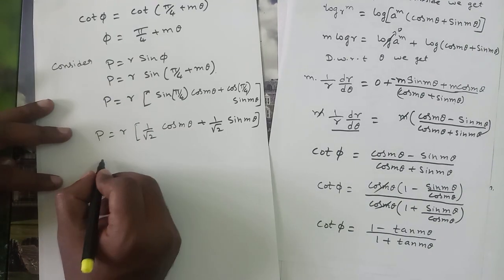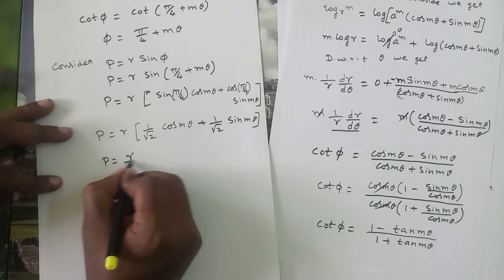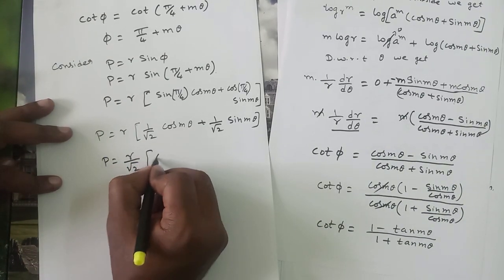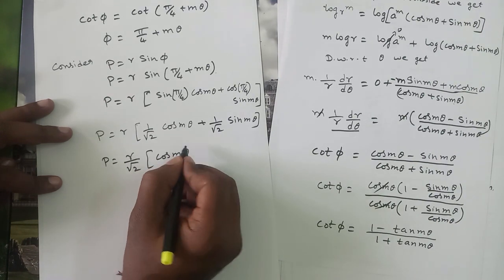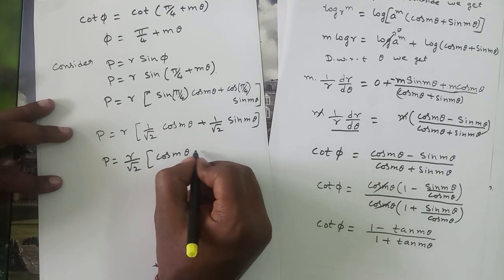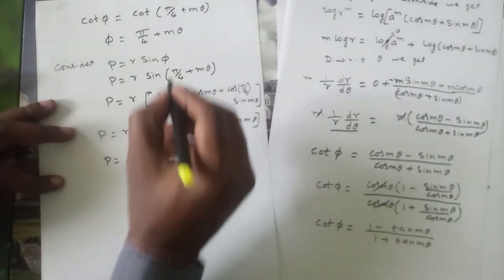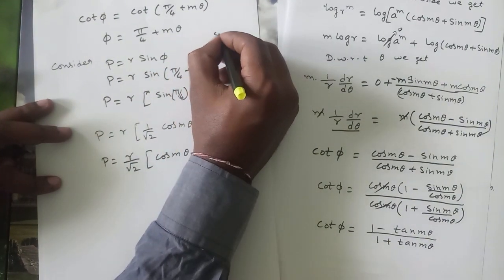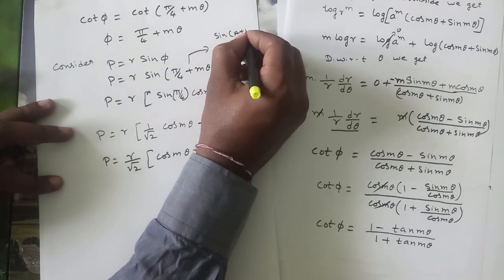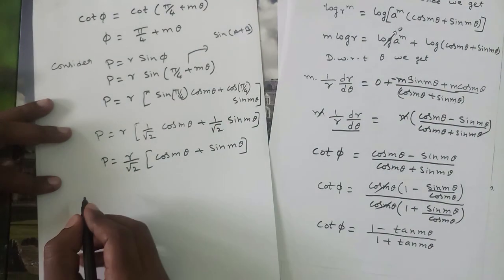So I will take 1 by root 2 common. p is equal to r by root 2 into cos of m theta plus sin of m theta. Here I used the sin of A plus B formula. Remember that one.